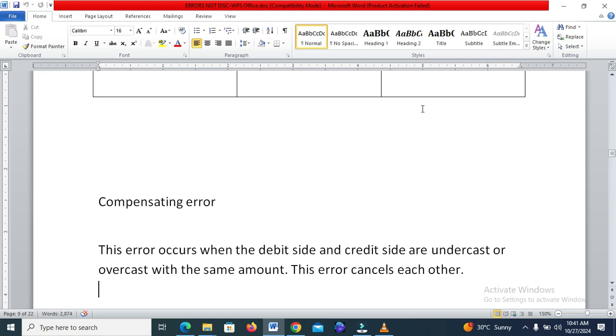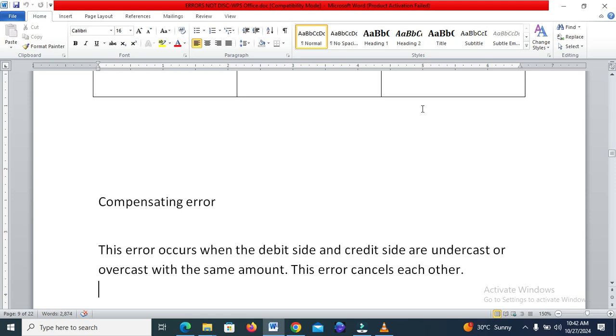That will not affect the agreement of the trial balance. The reason being that the debit side has increased with 5,000, and the credit side has also increased with 5,000. So by the time you are recording it into the trial balance, both the same amount would be recorded. But in the real sense, it has affected the ledger.